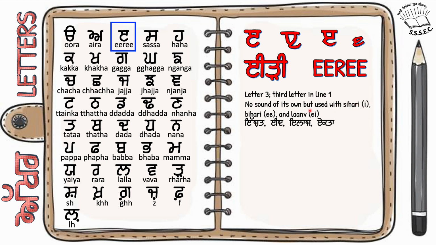So iri can be used to make sounds related to the letter I or the letter E in English. Sihari added to iri makes an I sound. Bihari would make an E sound, and lam would make an A sound. I, E, A. And we'll have a look at how to write this letter.